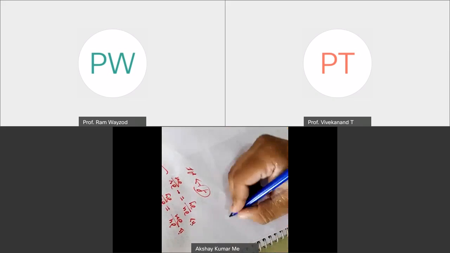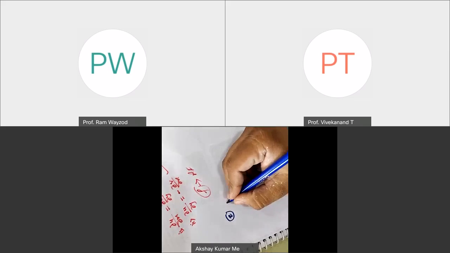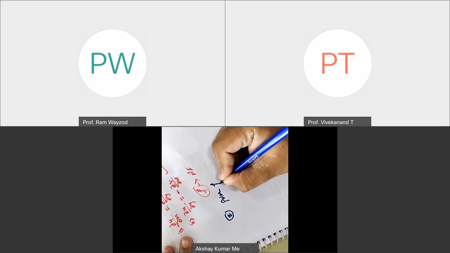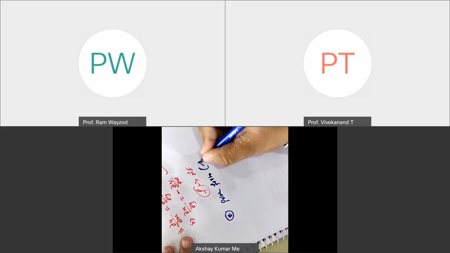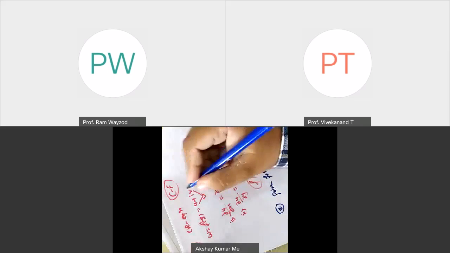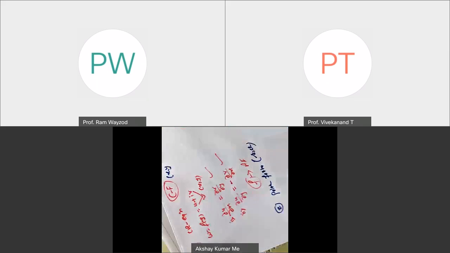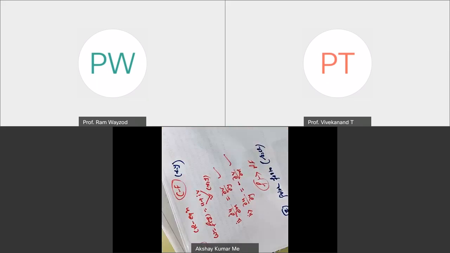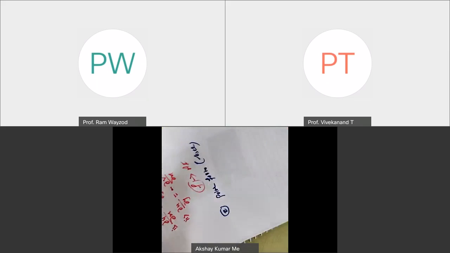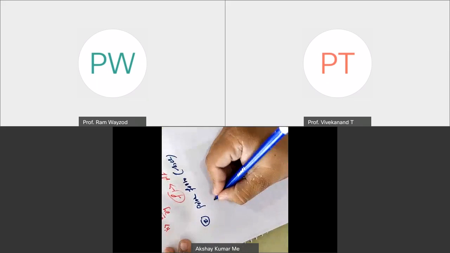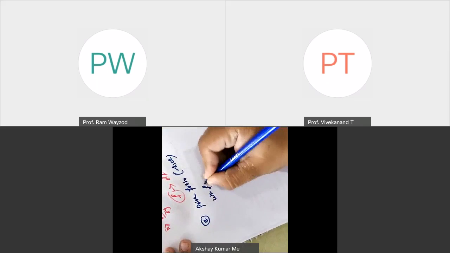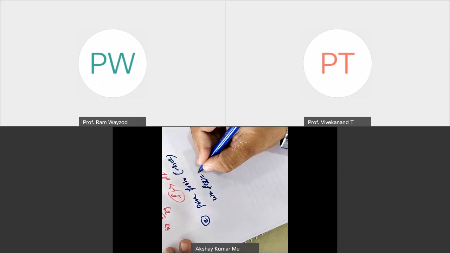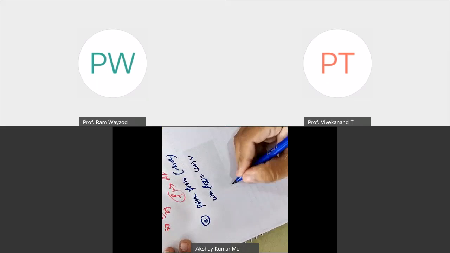Second, in polar form. Polar form means r, theta in addition to x, y. Suppose f of z is equal to u plus iv.